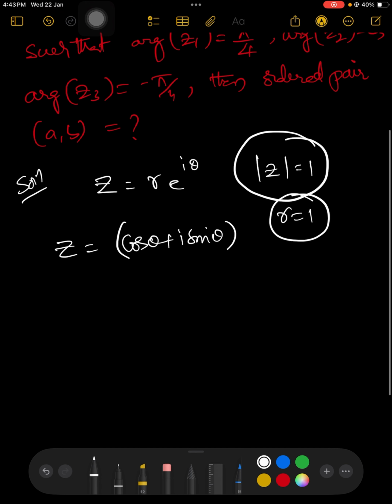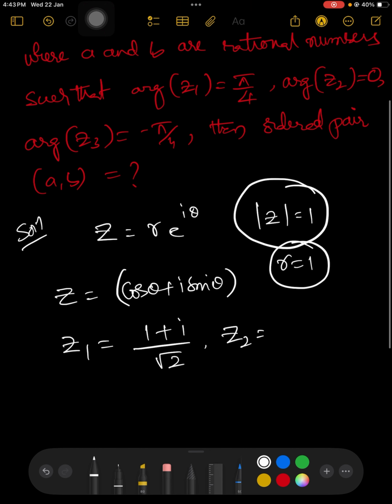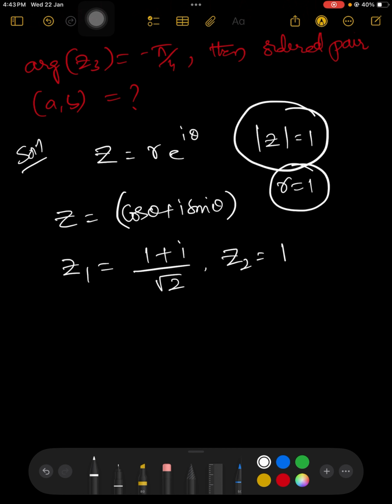Okay, then coming to the first one, the complex number z1, argument of z1, that is cos pi by 4 plus i sin pi by 4, 1 plus i by root 2. Now z2, the angle he has given is 0, cos 0 is 1 and i sin 0 is 0. Now coming to z3, 1 minus i by root 2.